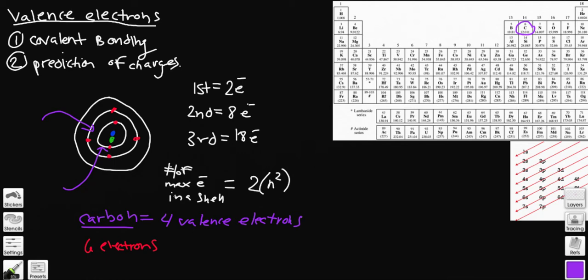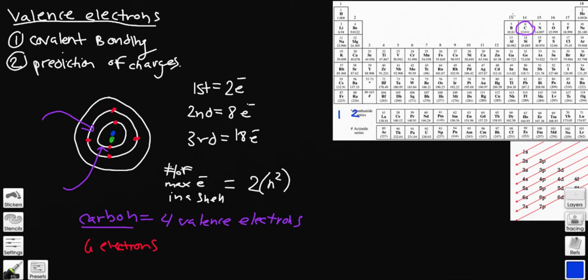Now you can draw all these models if you want to, but you really don't have to. There's a secret to knowing how many valence electrons an atom has, and the only ones we care about are going to be in 7 groups. So this first group right here, the hydrogen, the lithium, the sodium, and so on, all of the atoms in this group are only going to have 1 valence electron, and all the atoms in the second group here are going to have 2 valence electrons.